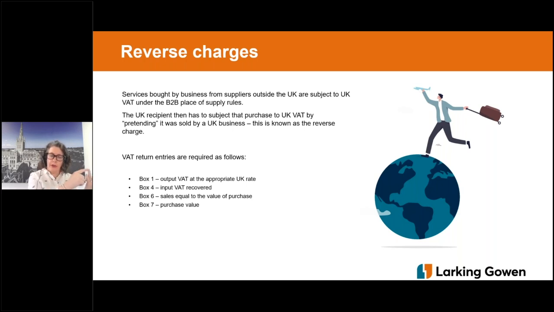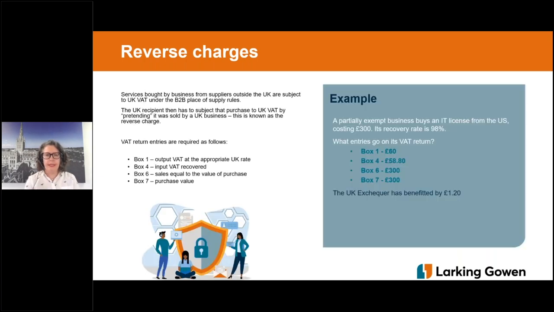So you're going to either directly attribute it or you're going to put it through your partial exemption calculation. And then you're going to include a sales value in box 6 and a purchase value in box 7 of your return. So let's put some meat on the bones to see how that works in reality. So we buy an IT license from the US.